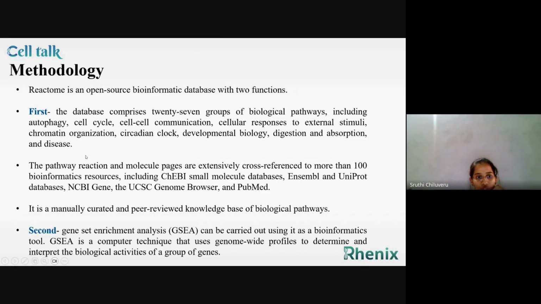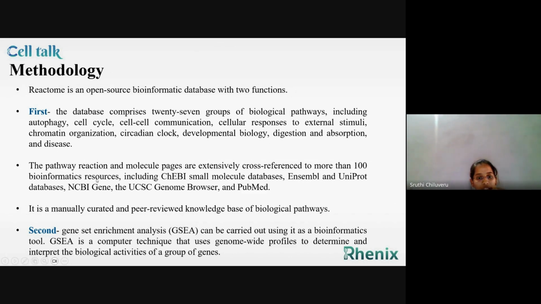They include autophagy, which is the self-eating of intracellular cells, and also the cell cycle, cell-cell communication, cellular responses to external stimuli, chromatin organization, circadian clock, which is present in the brain and helps individuals with alertness and the sleep-wake cycle, and also developmental biology, digestion and absorption, and disease.